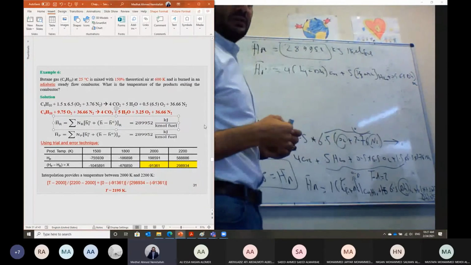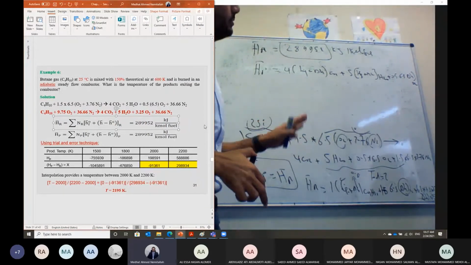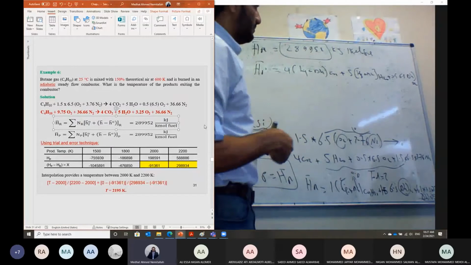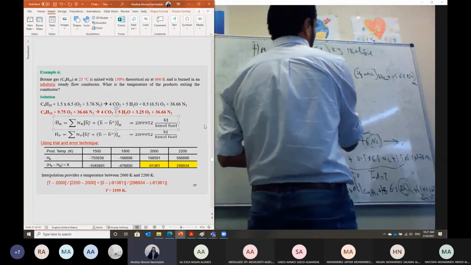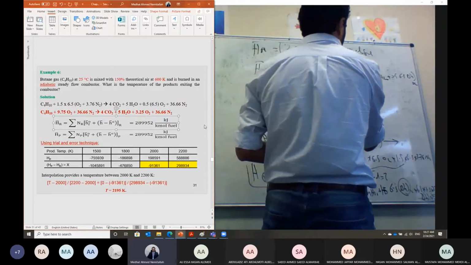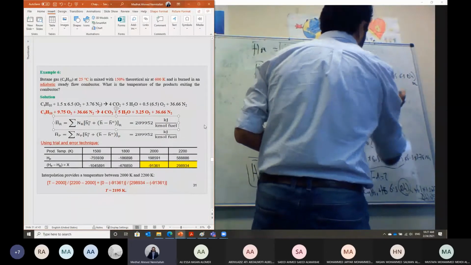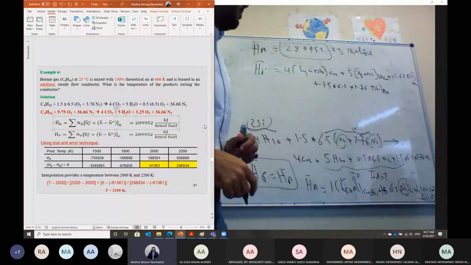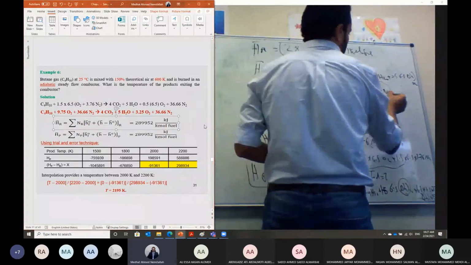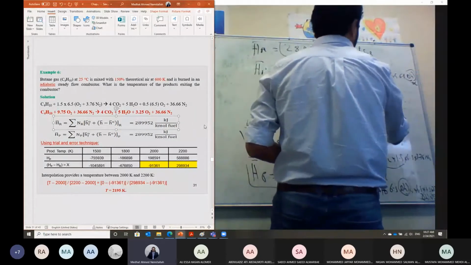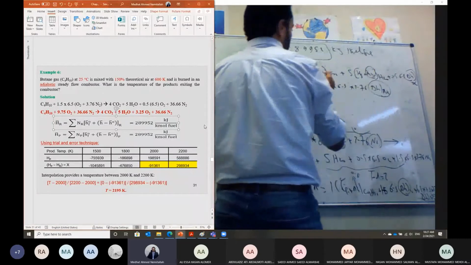Guys, O2 and N2 are natural compounds, so they don't have enthalpy of formation. So just forget about it. Plus 1.5, 6.5, 3.76 delta H for N2. But to get delta H of the product, I need the temperature.